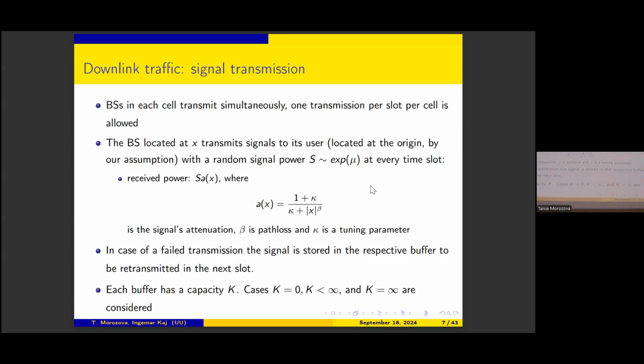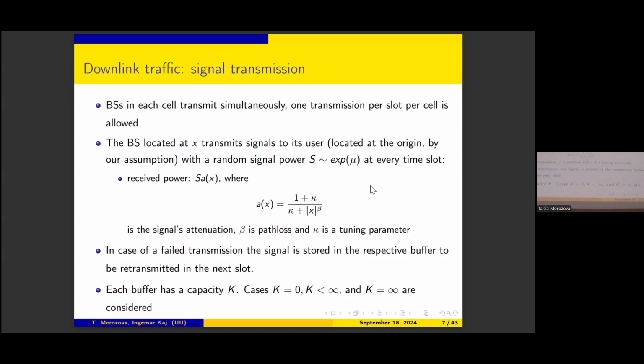I know that sometimes people just put 1 here instead of kappa, but we wanted to have more control over what happens in the network, so we kept that general. But I don't think this is actually very important for the rest of the talk. It's just some specifics of the model. Yes, so this is our attenuation. The rest is the same. You have the distance, right? And if the distance is large, the signal loses its power really fast.